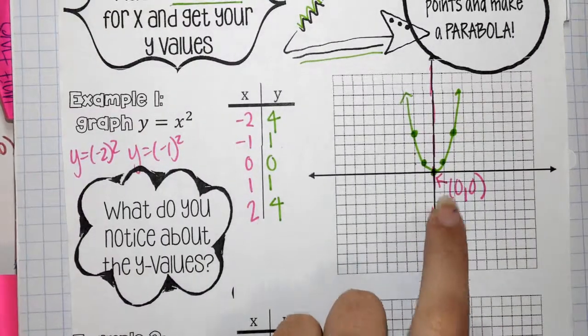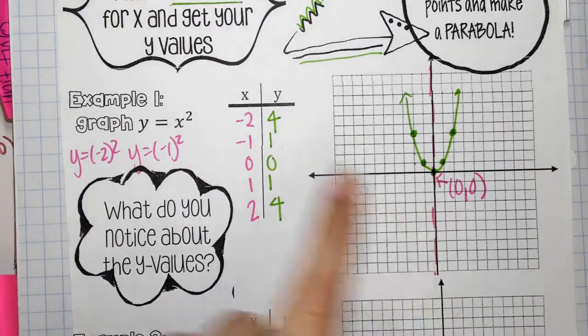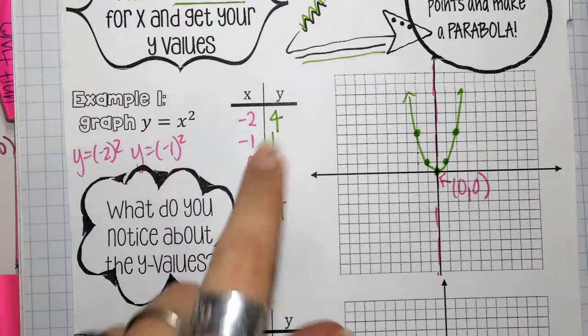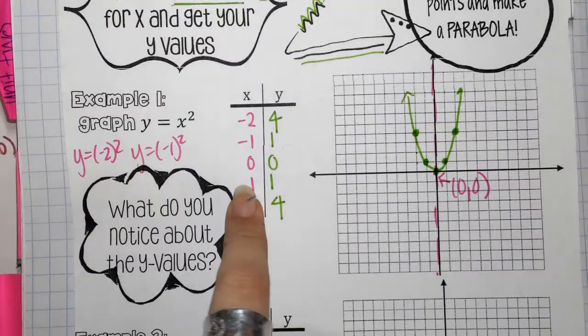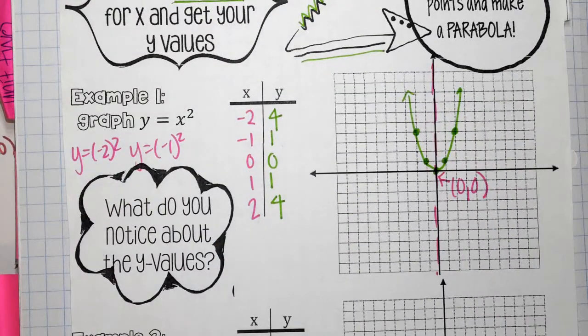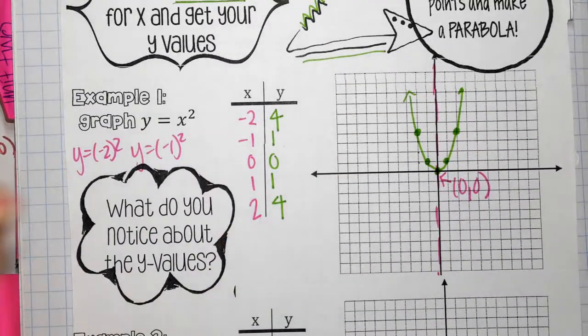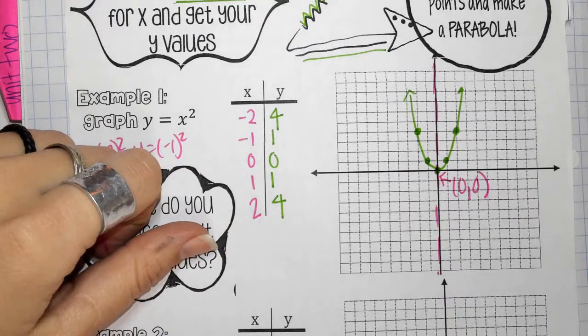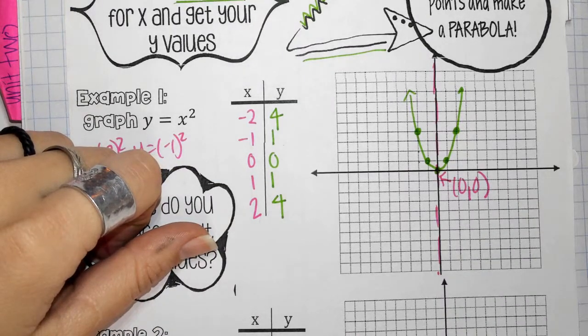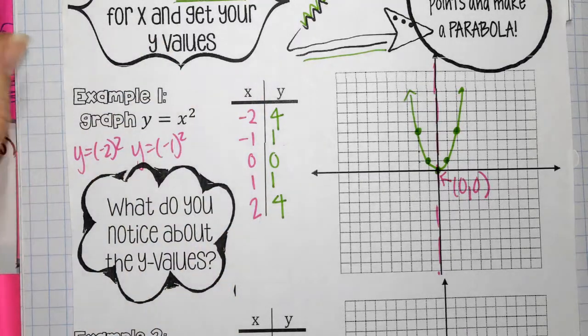Now, right here, it says our vertex is 0, 0, and that point doesn't repeat. So how could we find our vertex on our table? I just want you to be able to look at this and tell me how you can find it on the table. It's the middle, kind of.